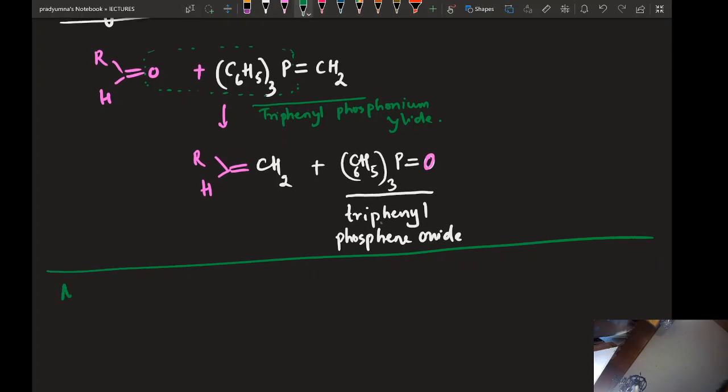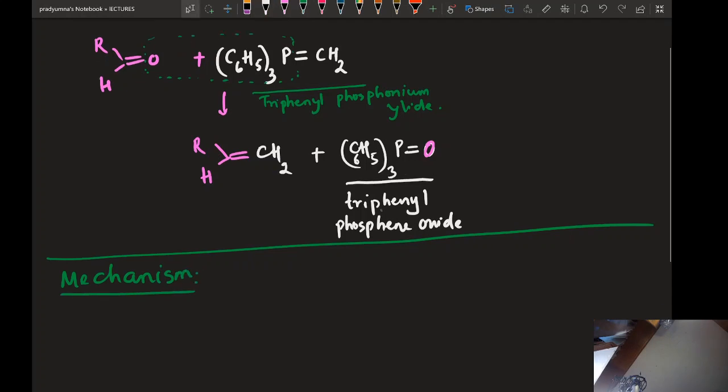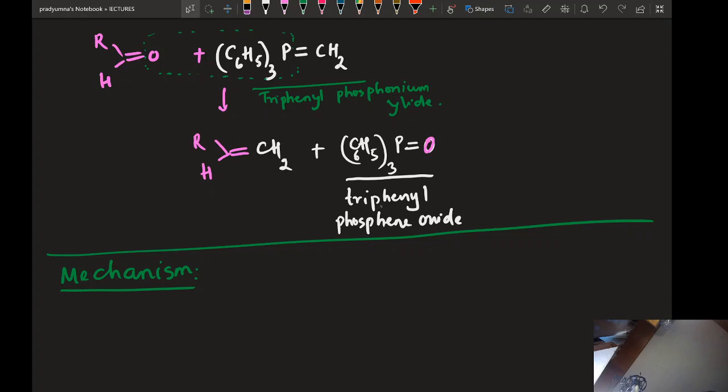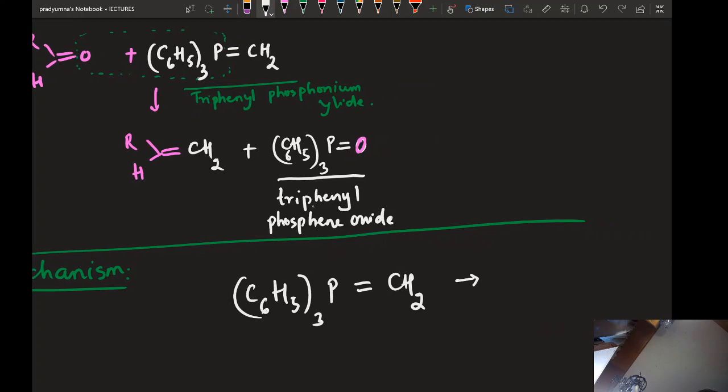Usually the halides exist in resonance form. The halide can exist like this: (C6H5)3P+ CH2, and in the resonance form (C6H5)3P.